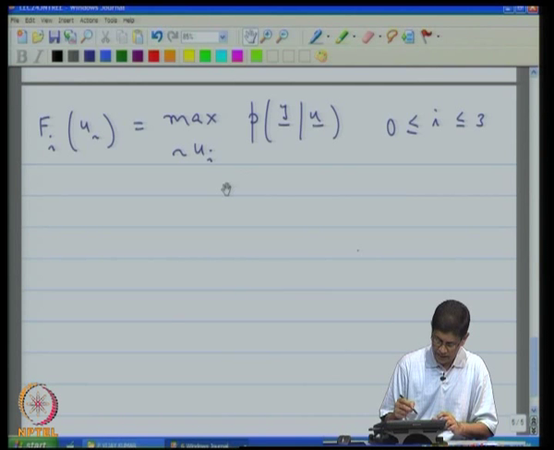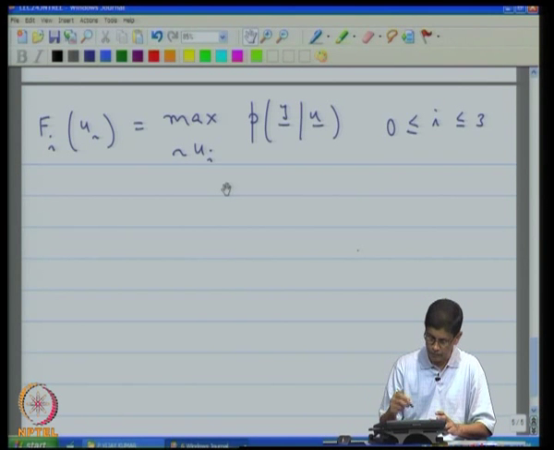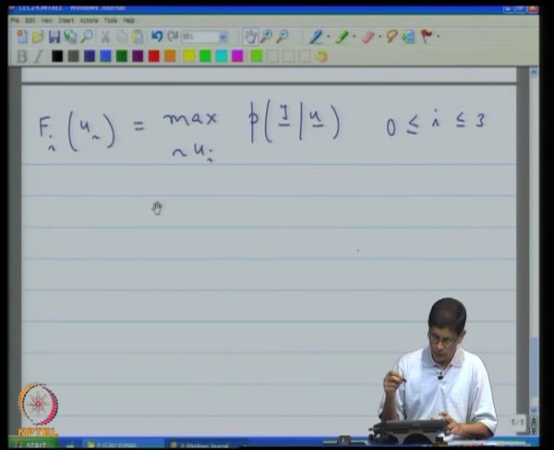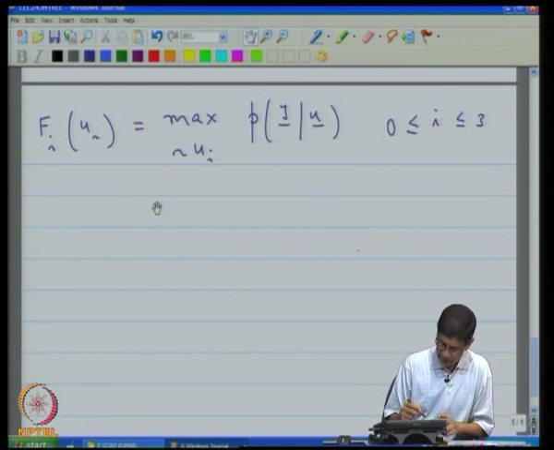The first step is to say that since all message symbols are equally likely, I will write this as the max over tilde u_i.